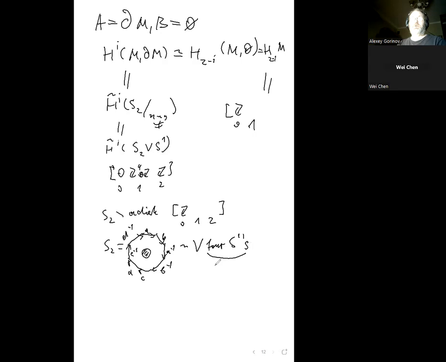And these correspond to A, B, C, D. So here we have Z to the 4, and in degree 2 we have nothing, because the wedge of 4 circles does not have anything in degree 2.